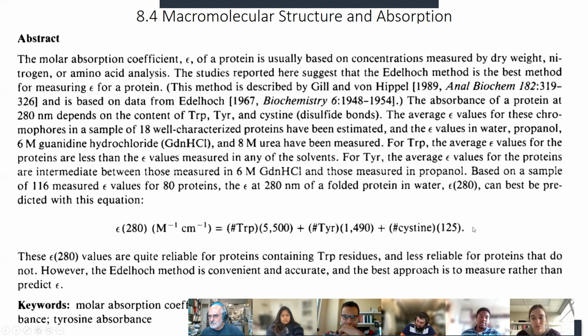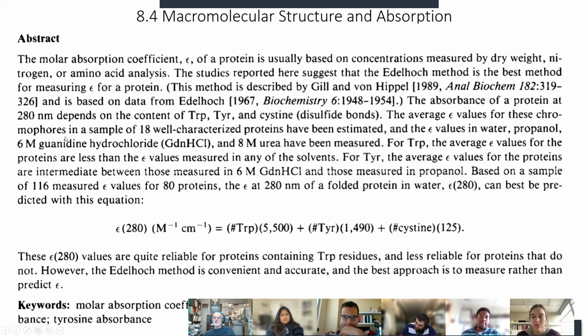So you can see that the disulfides don't contribute much unless you have a lot of disulfides. Literally, if you just simply add up tryptophan, tyrosine, and cysteines, disulfides, you get a reasonably accurate measure of the extinction coefficient, which then you can use for determining protein concentrations.